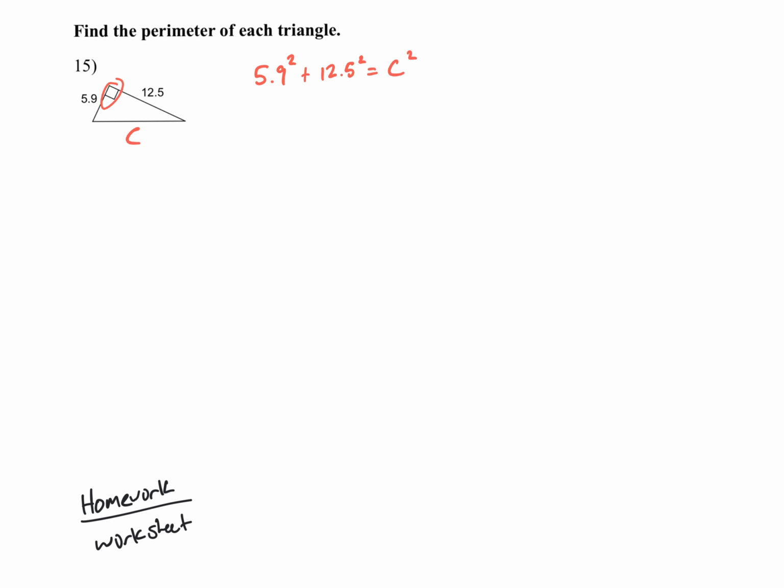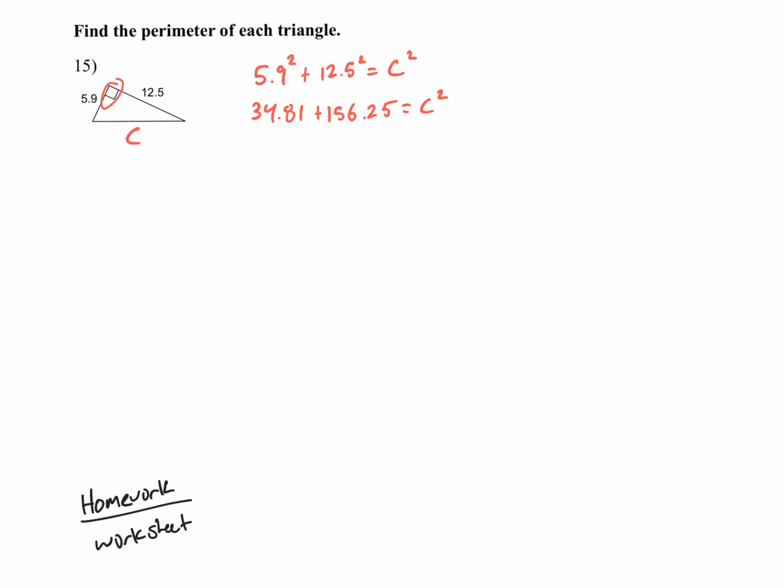Again, I put the missing one there because it was across from the 90 on that right-hand side. So 5.9 squared comes out to be 34.81 plus 12.5 squared is going to be 156.25.